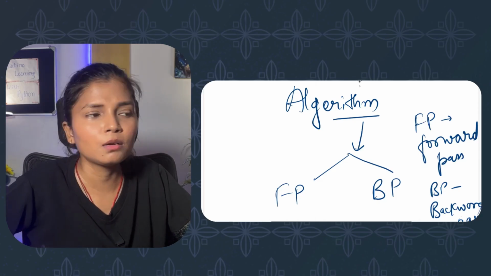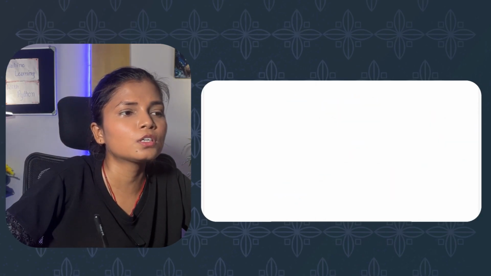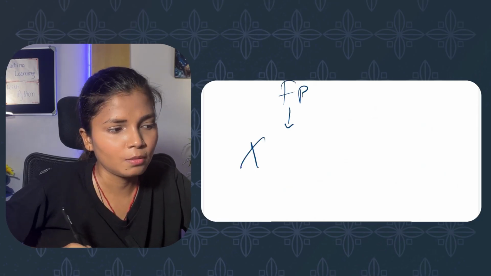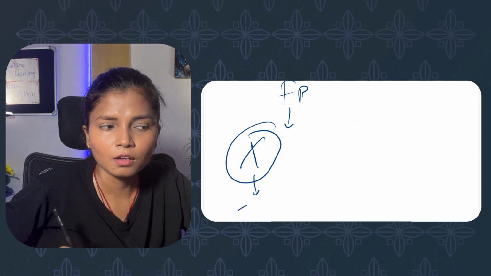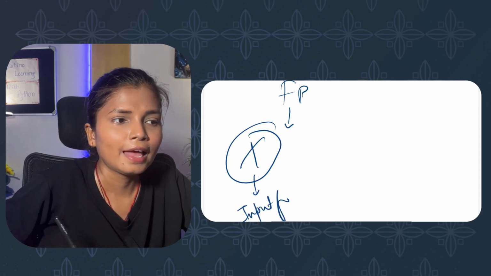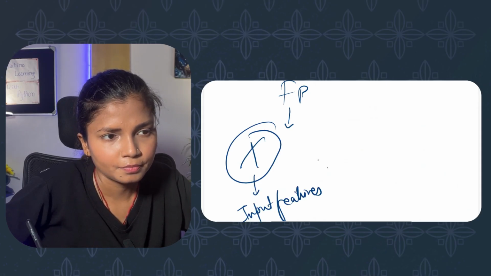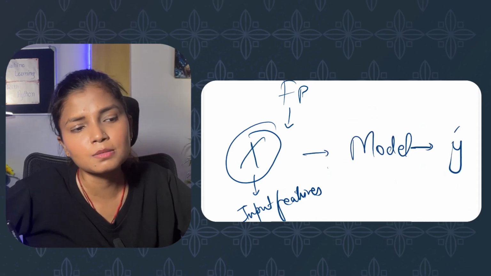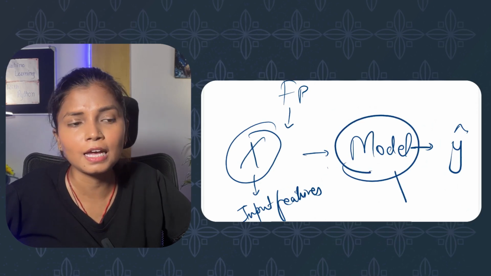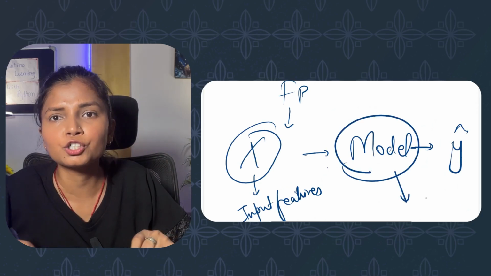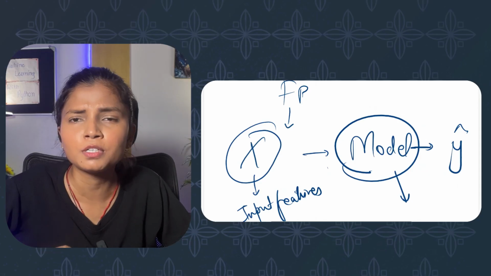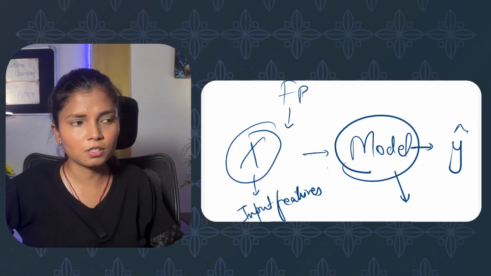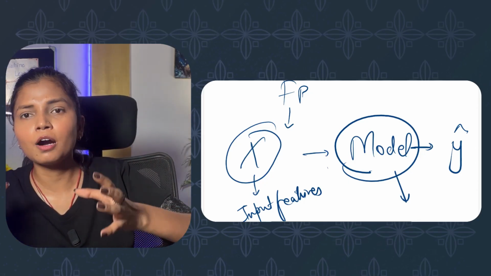It takes the value X, which is nothing but input features, and gives it to the model. Then the model gives you Y hat. This model can have a different mathematical function, its own steps, its own properties and capabilities, right? So we give input to the model and the model gives us Y hat.